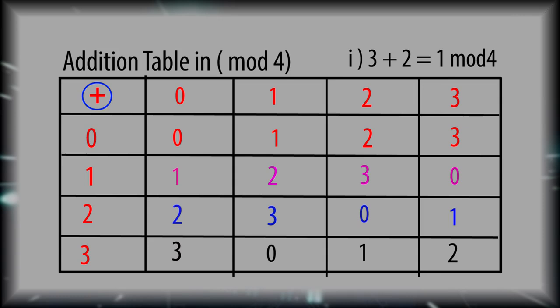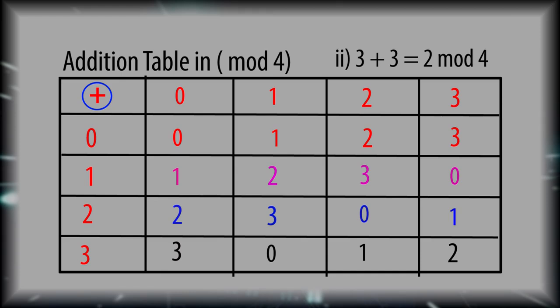From the table, we want to find 3 plus 2 mod 4. So we go to the table, look for 3 in the top row, and look for 2 below the addition sign. Where the row and column meet, we have the answer 1. Therefore, 3 plus 2 is equal to 1 mod 4.